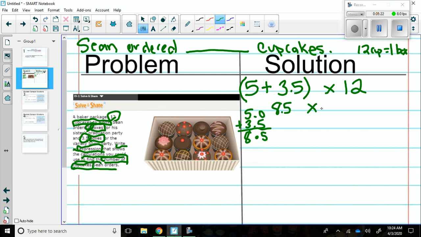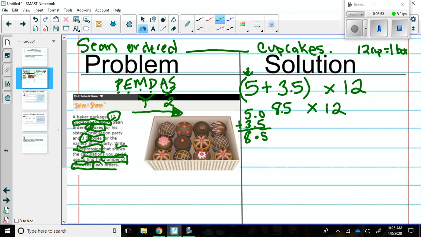Now I can multiply that by 12. Keep in mind, when I did this, I used PEMDAS. Remember, PEMDAS is parentheses, exponents, multiplication and division. You do those first, and then addition and subtraction, you do those second. And as you're watching me, keep in mind, I'm going left to right. So again, I use the parentheses first.